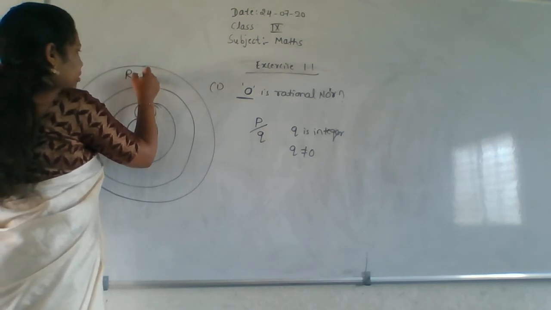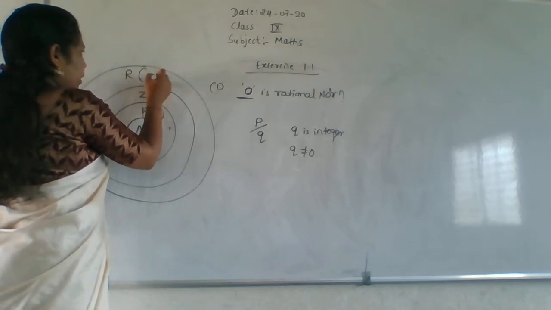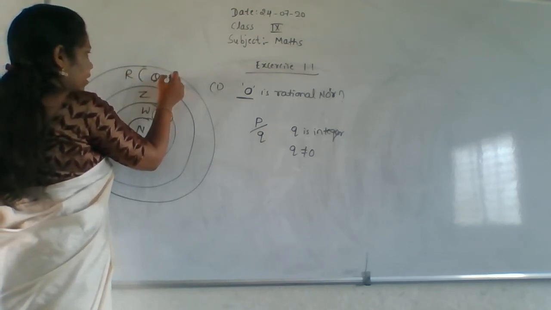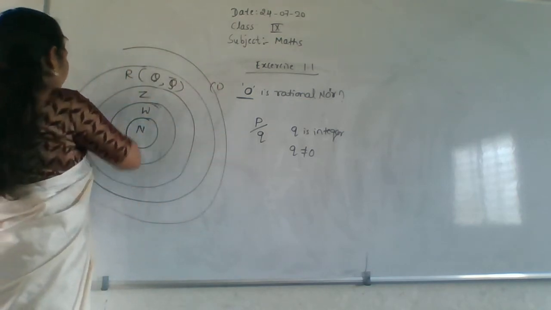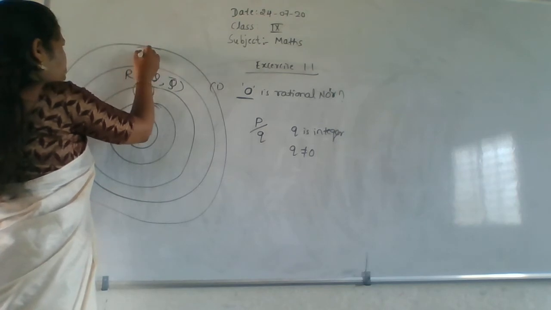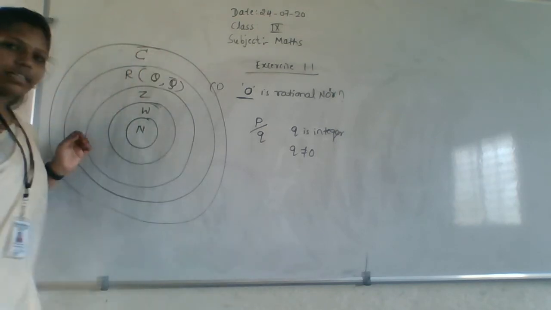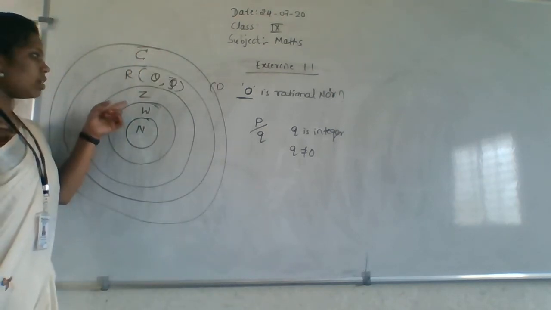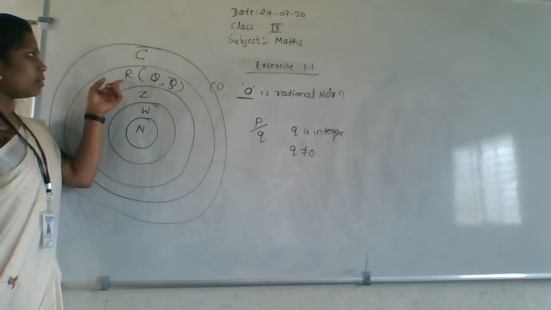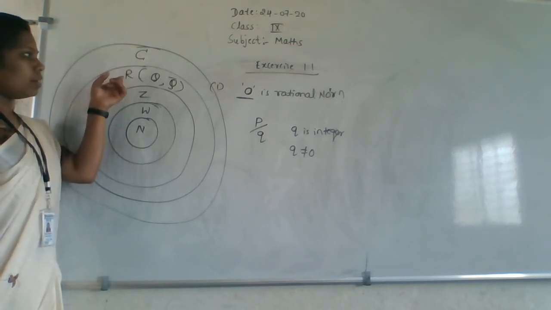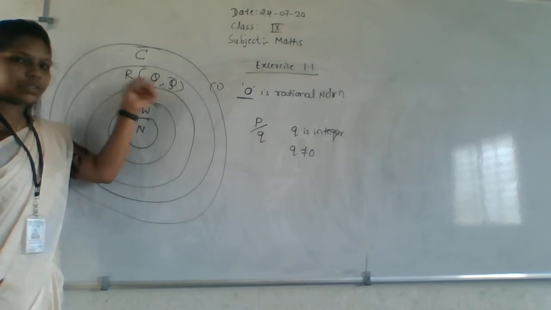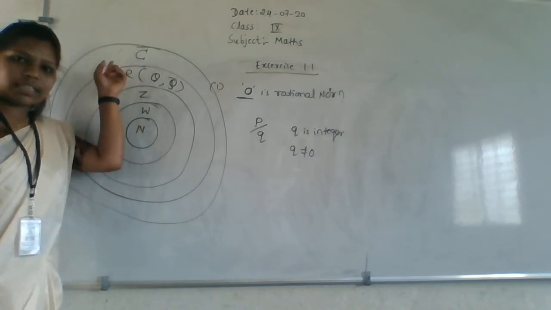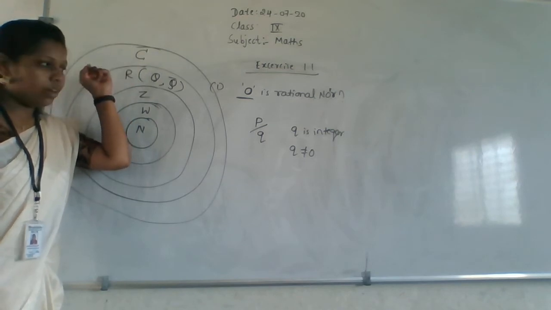In the real numbers we will get rational numbers and irrational numbers. Next, the last and biggest set is the complex numbers. So this is natural numbers, whole numbers, integers, real numbers. In real numbers we have rational numbers as well as irrational numbers. Next, the last set is complex numbers.